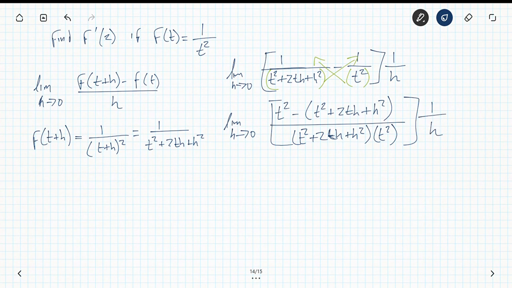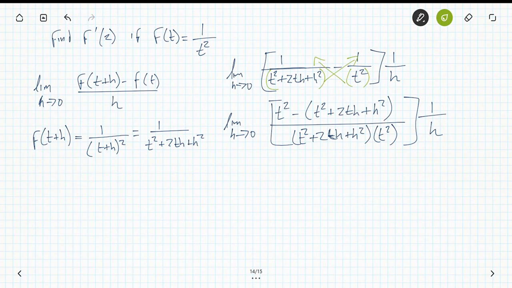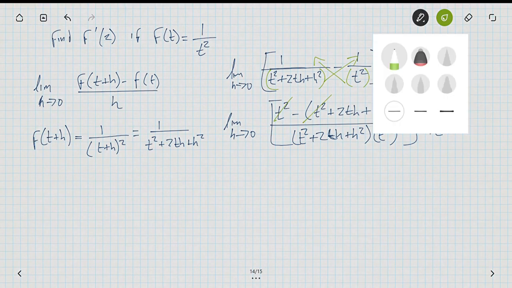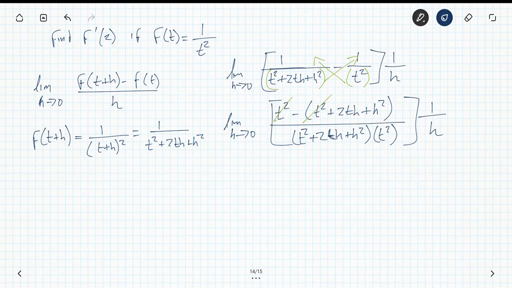Alright, so now let's eliminate some terms. The only thing you're going to be able to eliminate here is this t squared and nothing else. So that's a bummer, but at the end we're going to be able to get rid of some h's.